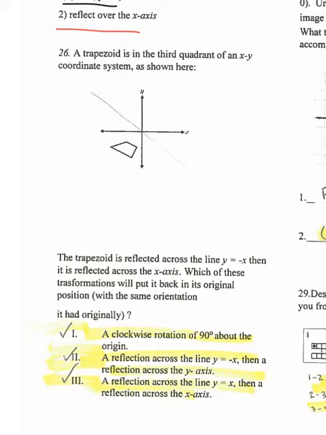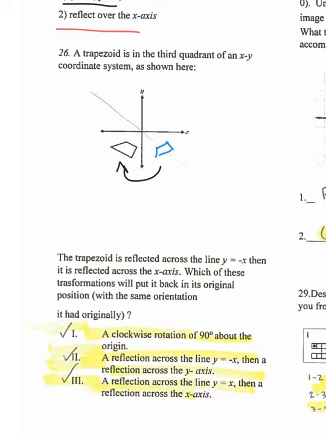Basically we want to get back to what you see now after you do a reflection with it. The reflection is going to make it sit like this, sort of. Whatever you do, you want to be able to get it back to look like that.